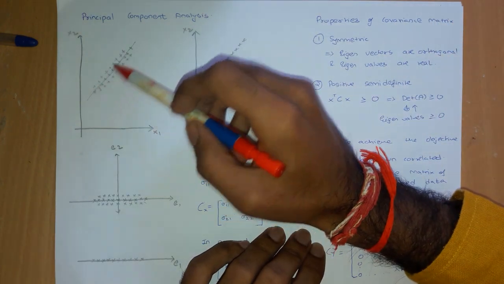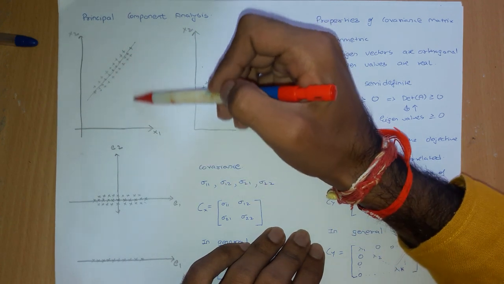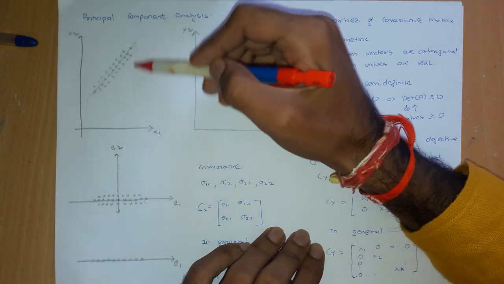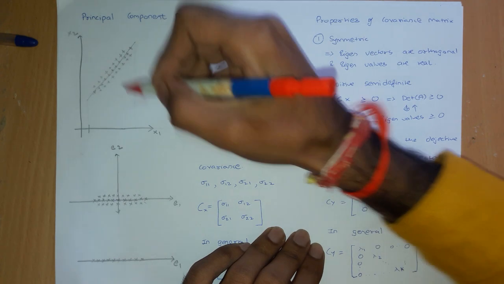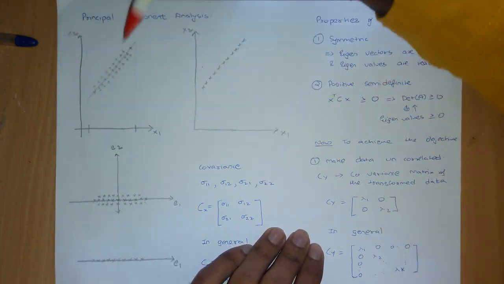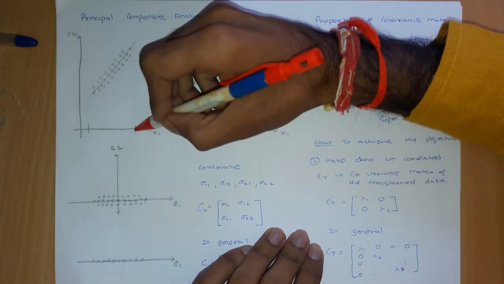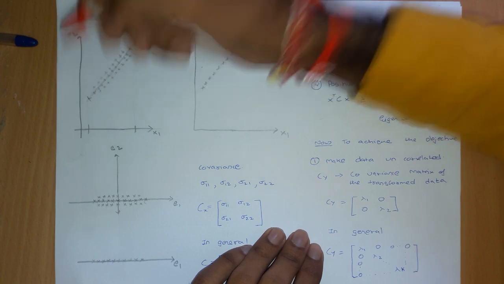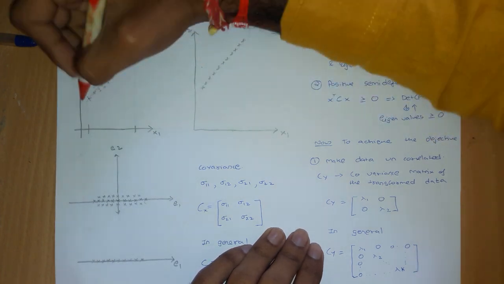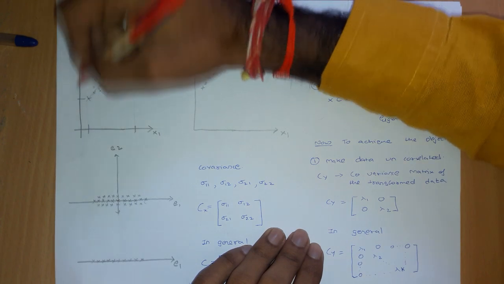So if you consider this particular data, you can see the variance in x1 dimension is this much. So in x1 dimension the data varies from this point to this point. Say I have a point over here also. And for this x2 direction the data is varying from here to here.